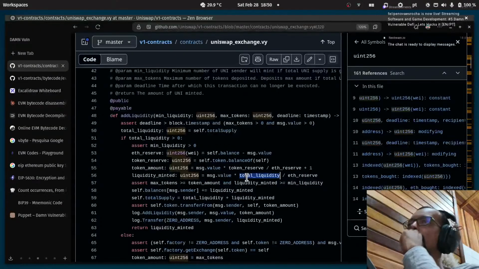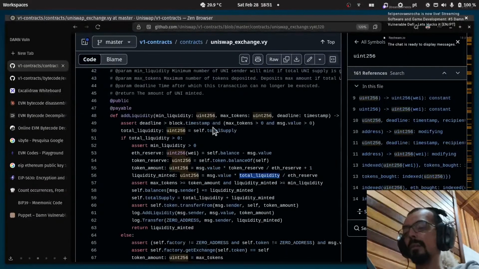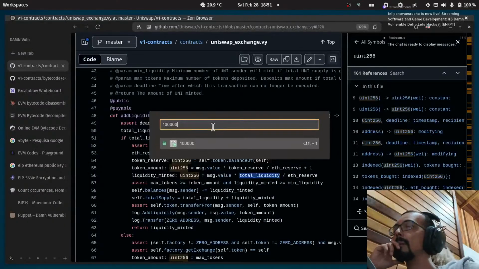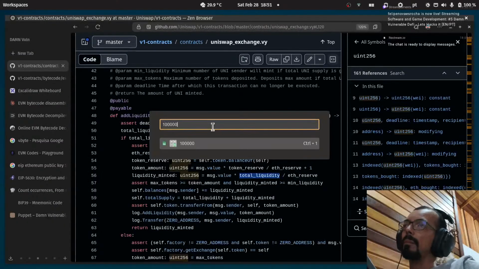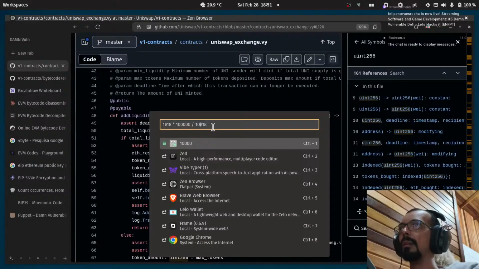So the total liquidity here is 100,000. And my value here should be this divided by this.